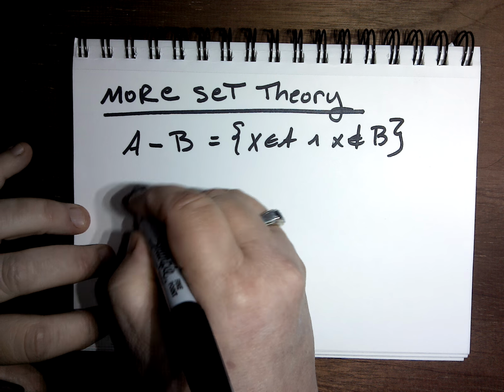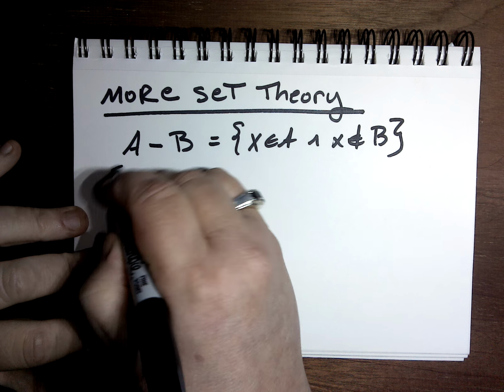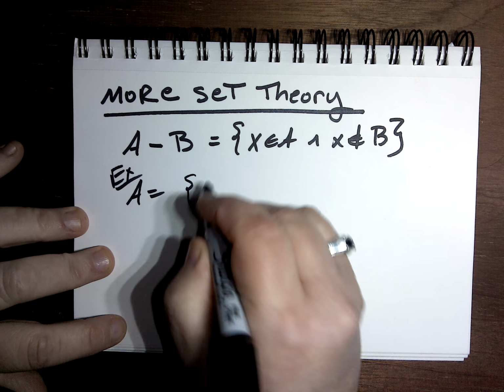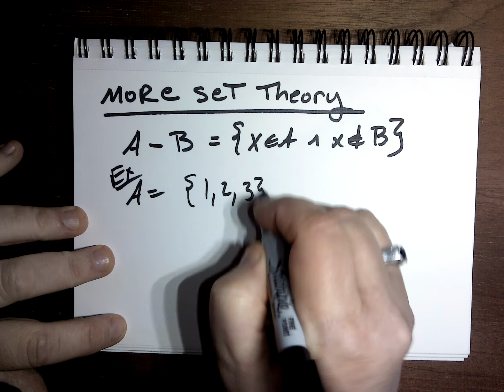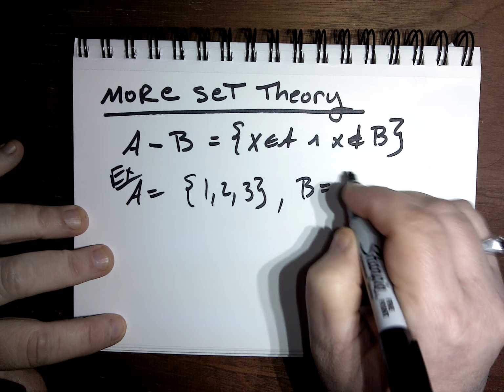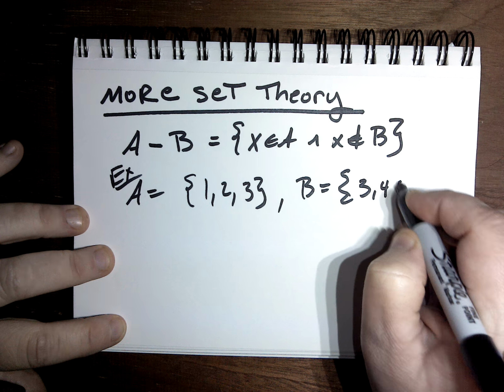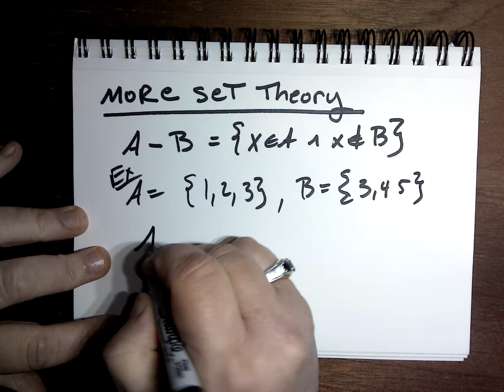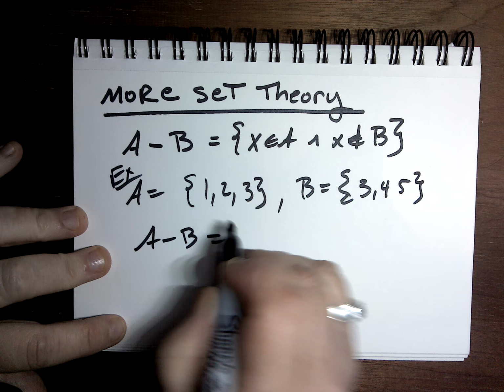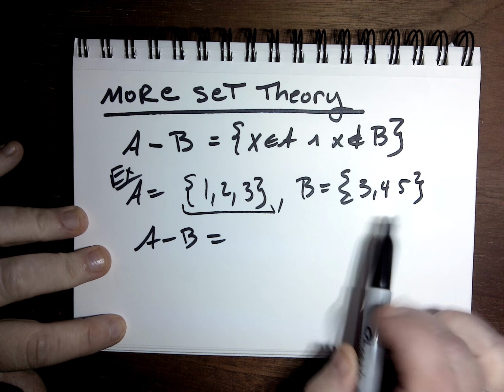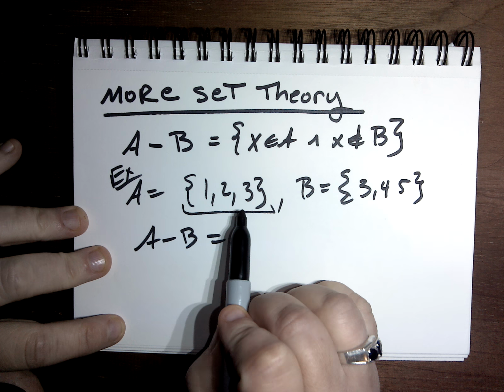So for example, if A was equal to {1, 2, 3}, and B was equal to {3, 4, 5}, then A minus B means we start with A, and anything that is in B that's also in A gets tossed out.